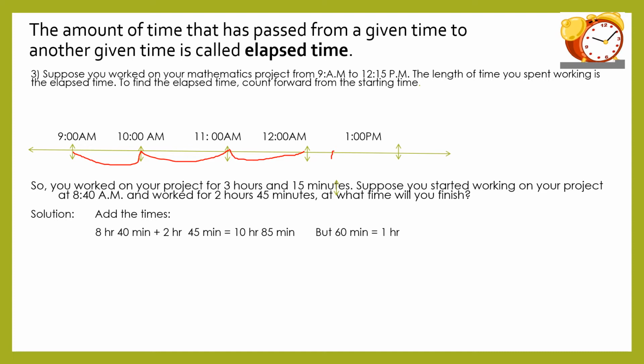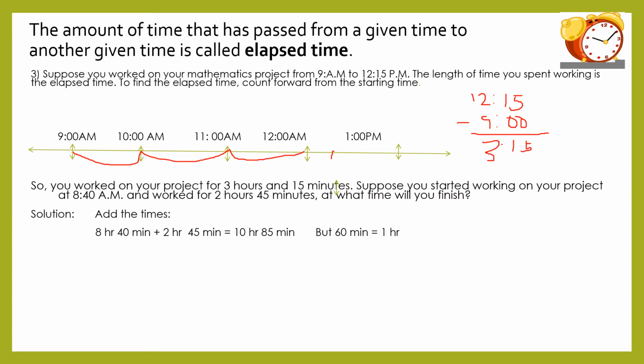So all you have to do is subtract, right? 12:15 minus 9. 12 minus 9: 9, 10, 11, 12, that's 3. Yes, so 3 hours and 15 minutes.